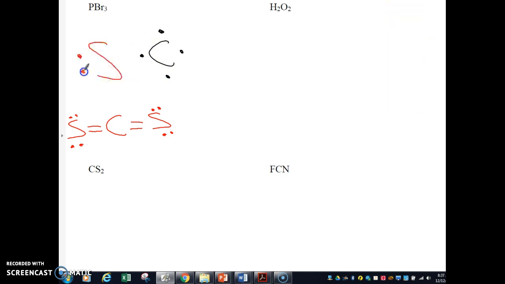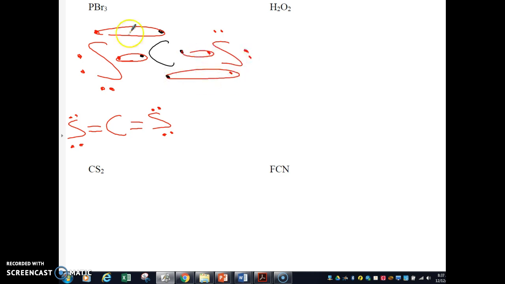And I'm going to draw this a certain way, where it has 6 valence electrons. So you're forming a bond here, and then these get shared. Now for the other sulfur on this side, I'm going to draw this a certain way. You get a bond formed here and a bond formed here. So you get this double bond, and here's a double bond.